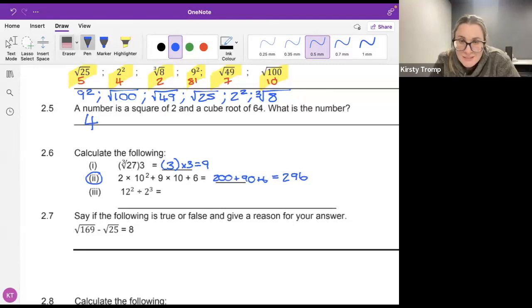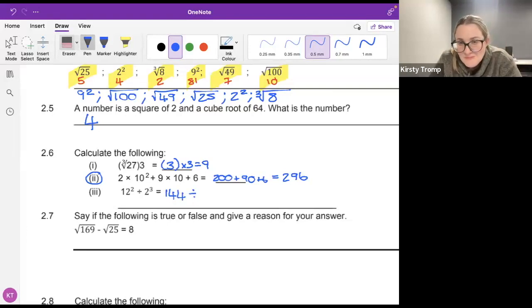All right, and finally, Rachel. Rachel, are you helping me with the last one? Yes. Okay, great. Talk to me. 12 to the power 2 equals 144. Great.